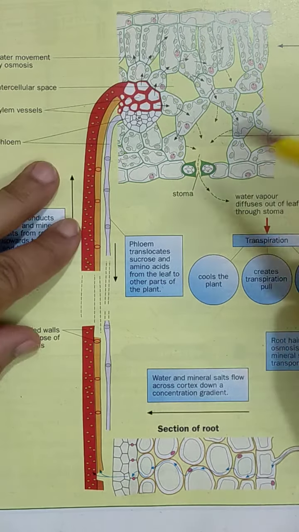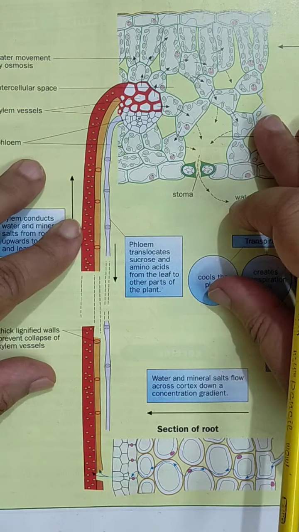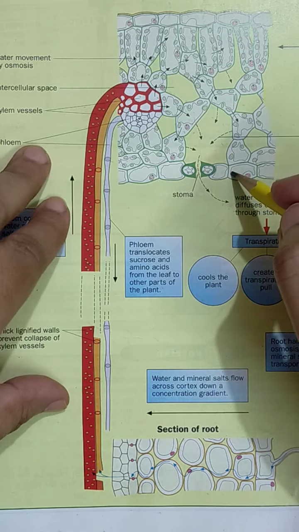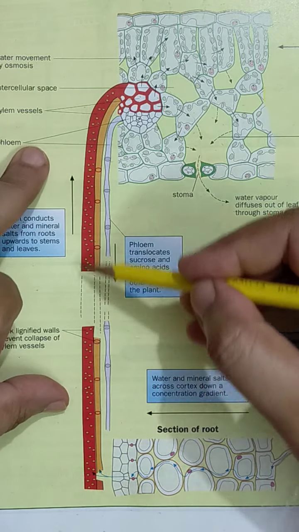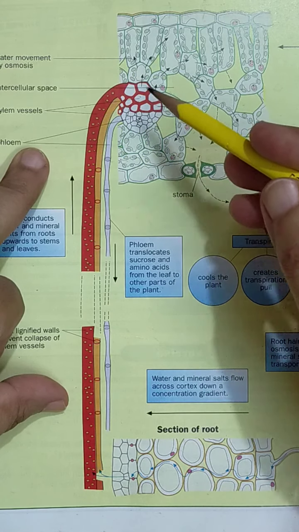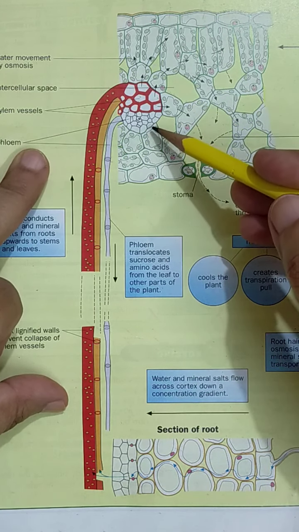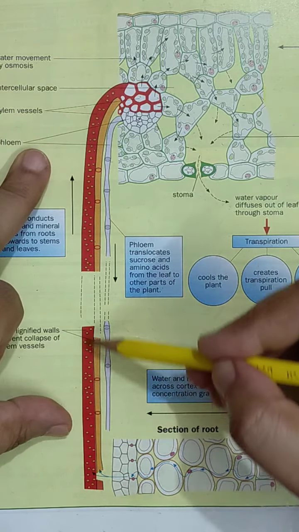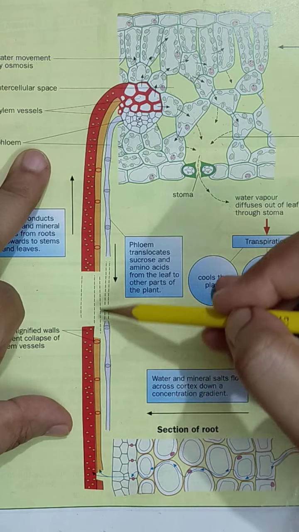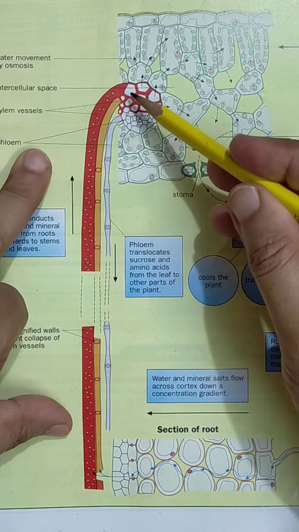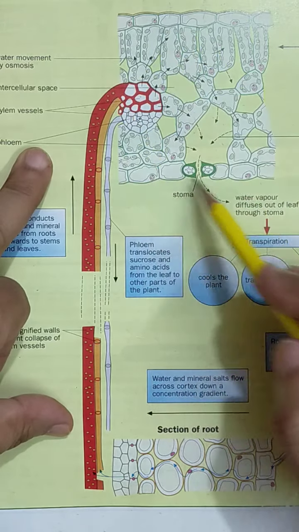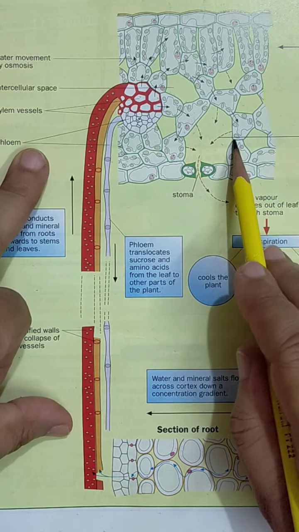What is the benefit of this transpiration pull? Number one, plants get water and minerals. As this water moves up, it takes water and minerals, both move up, so the plant leaf gets water and minerals by this transpiration.